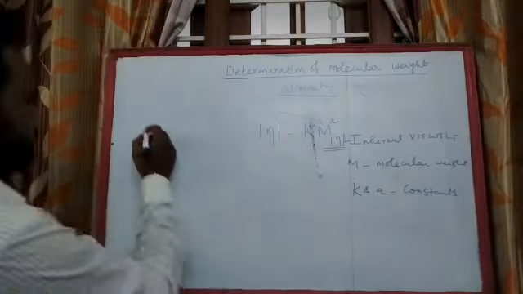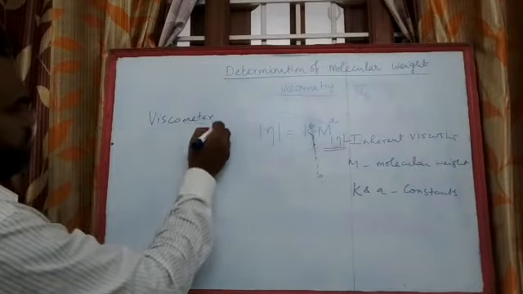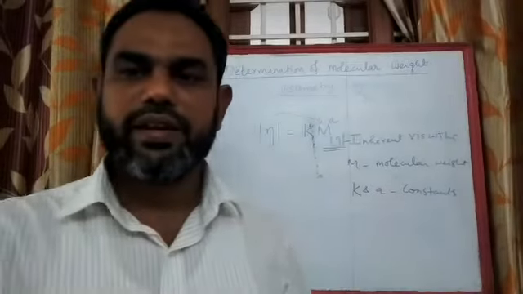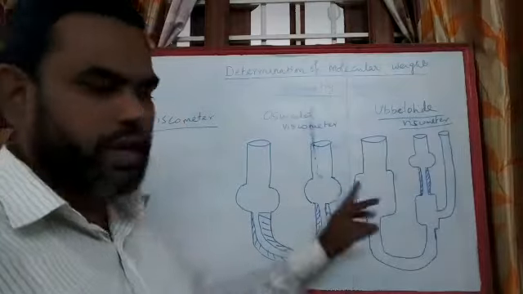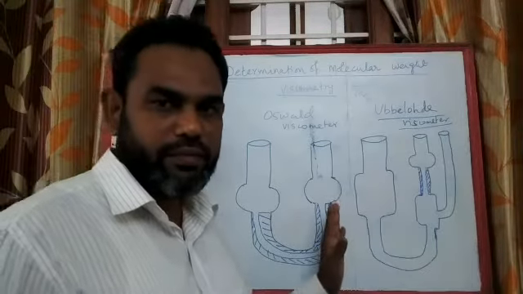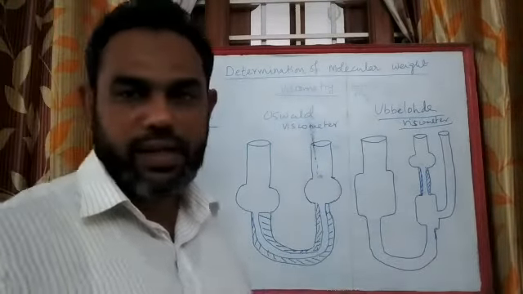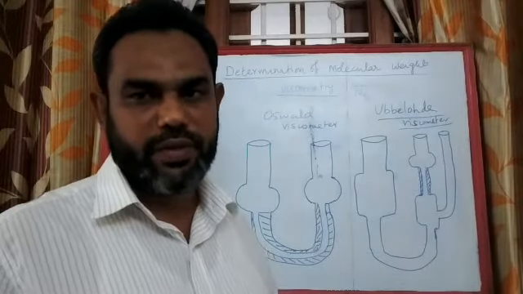Experimentally, we need an apparatus called a viscometer. I have drawn two types of viscometer in the diagram on the board. One is the Ostwald viscometer, another is the Ubbelohde viscometer, or suspended level viscometer.